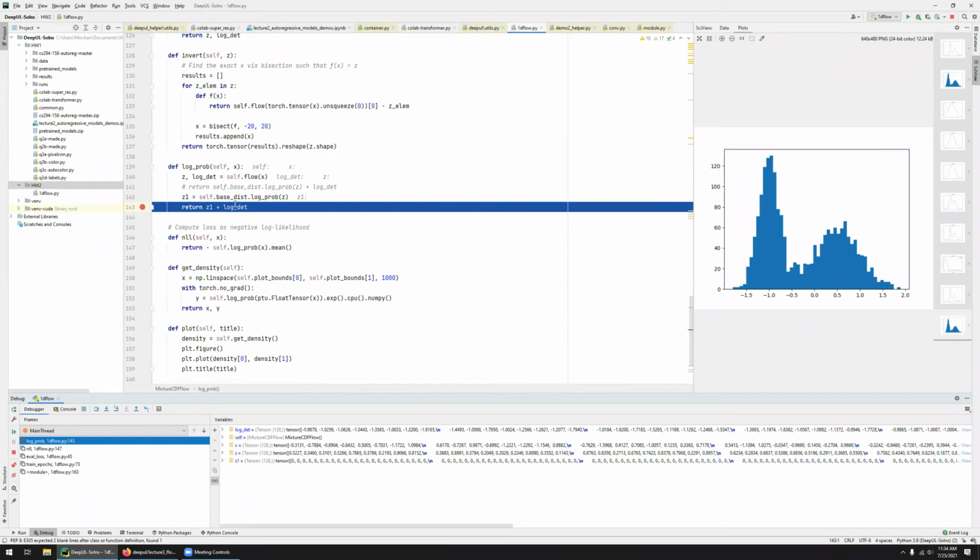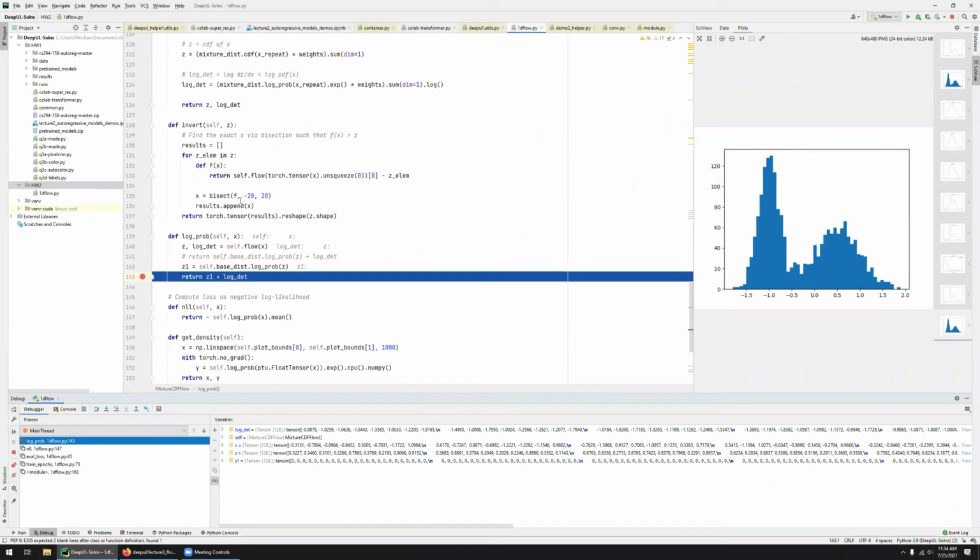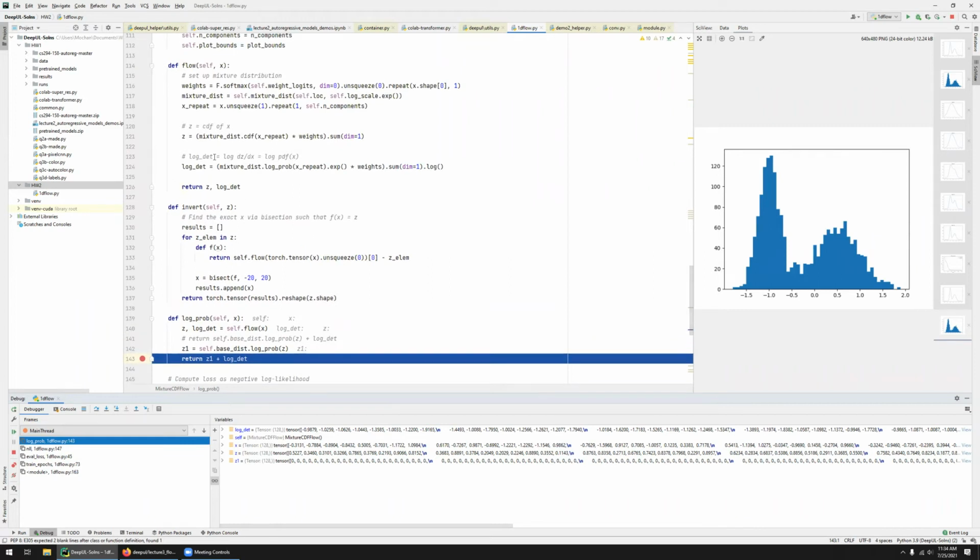But the Z that you're passing in is not uniform, right? It comes from the flow. Yeah, so Z is determined by X. So it is just a mixture. It comes from the mixture of the distribution. And the X repeat is just for the number of dimensions that X has, correct? Oh, it's because there are n components.